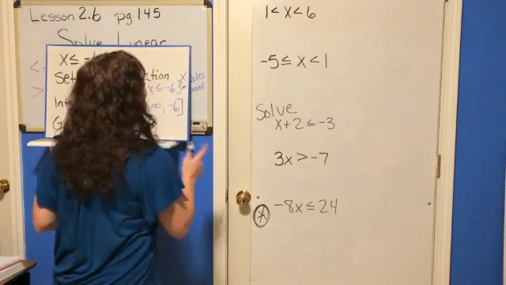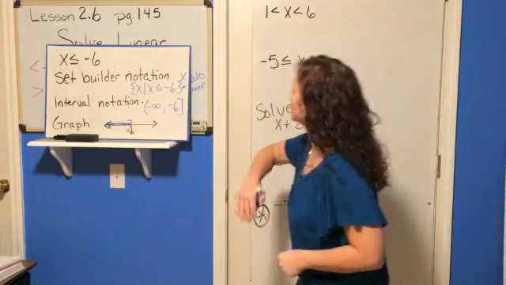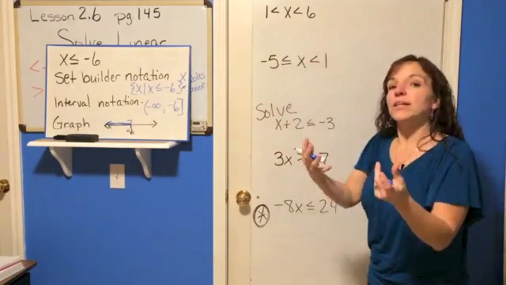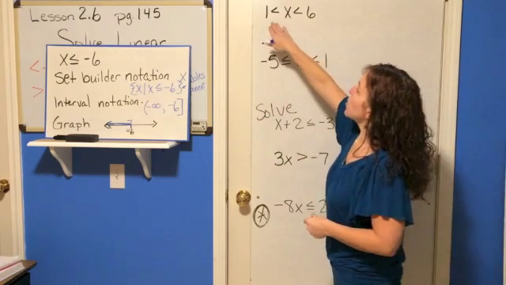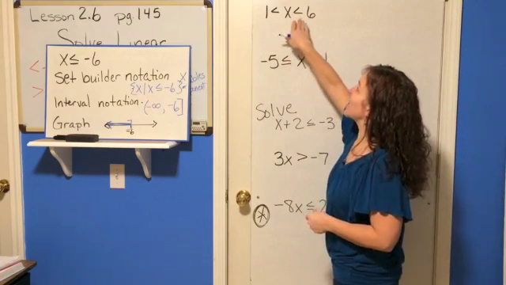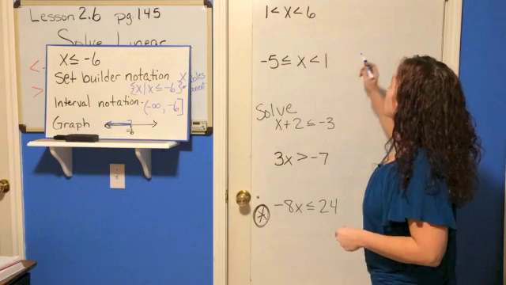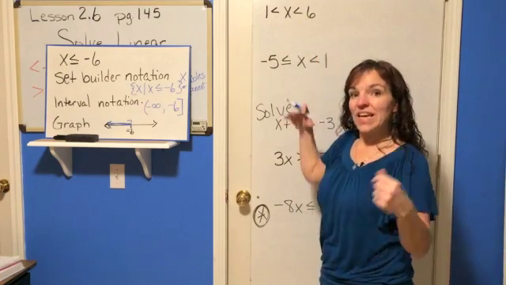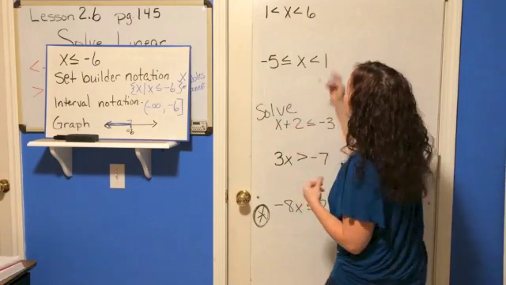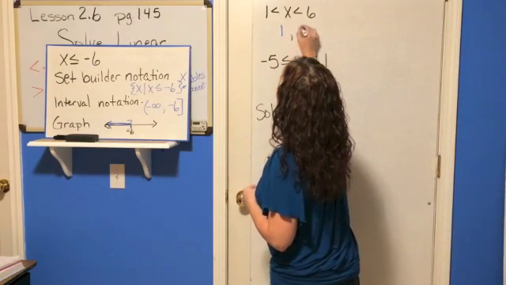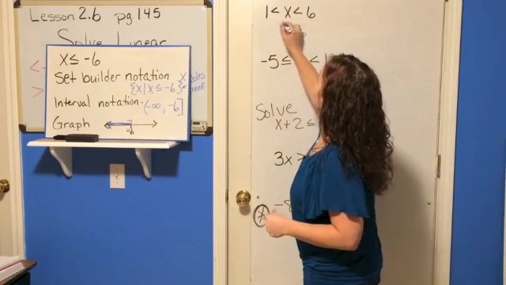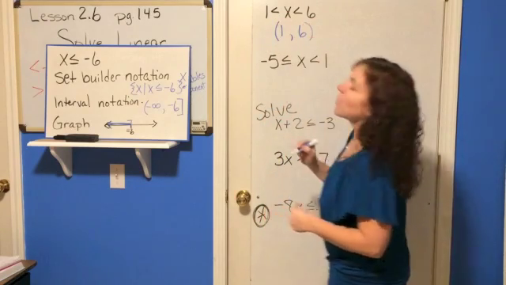So let's use that interval notation to show a compound inequality. So this says 1 is less than x is less than 6. So we've got 1 and 6 as our endpoints, and x is going to be in between there. Because they're not equal to, I'm going to have parentheses.